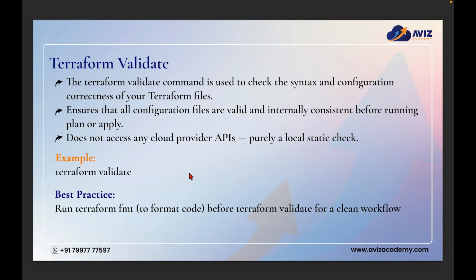So you can use this terraform validate command. Whenever we run it, we are not going to hit any AWS environment or make any API calls. It purely uses the locally installed Terraform configuration and verifies it. As a best practice, run terraform fmt before terraform validate for a clean workflow.